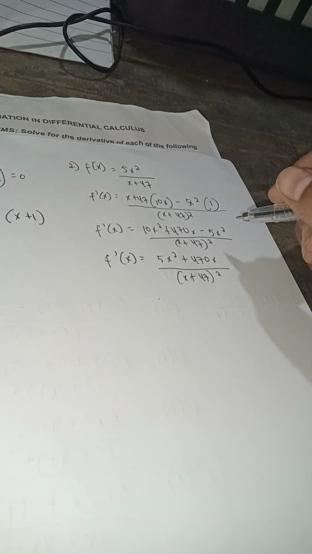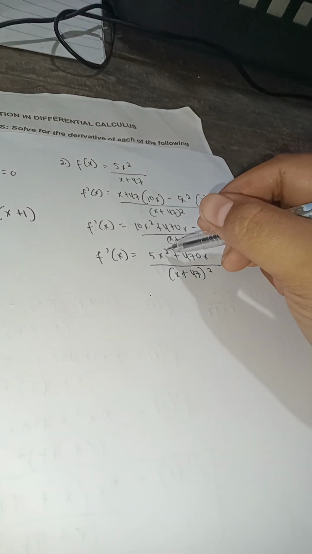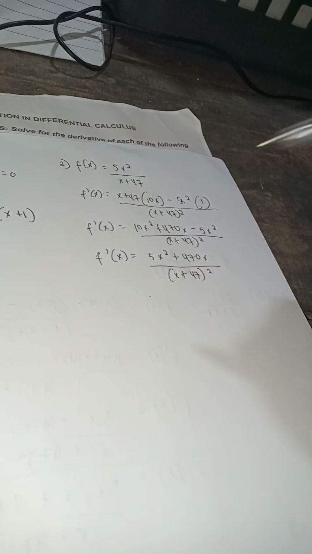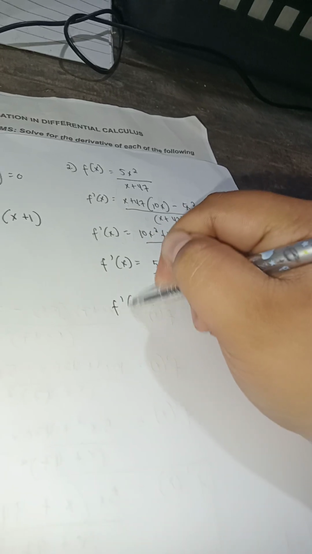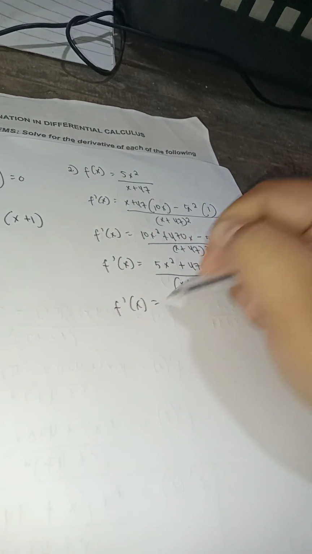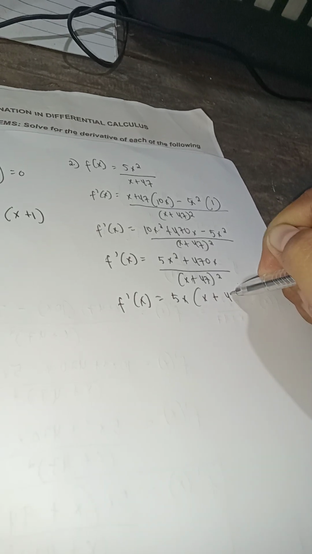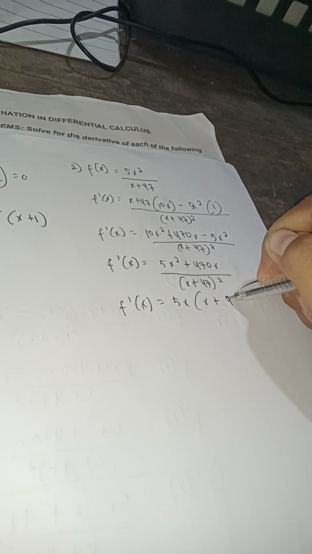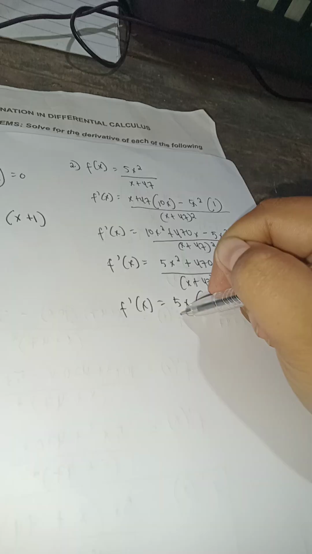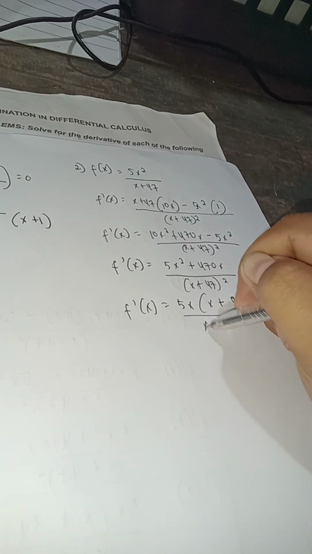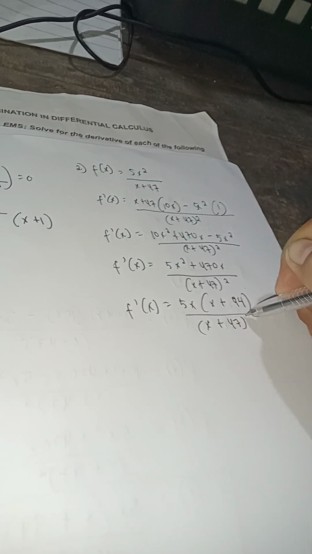After that, we can factor out 5x. So we have x plus 94, and copy the x plus 47 squared.